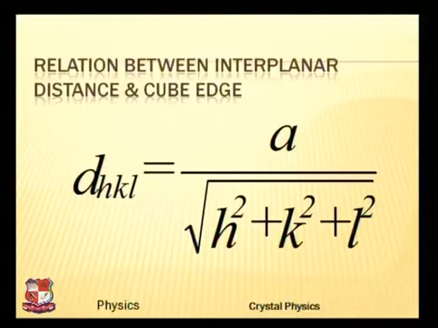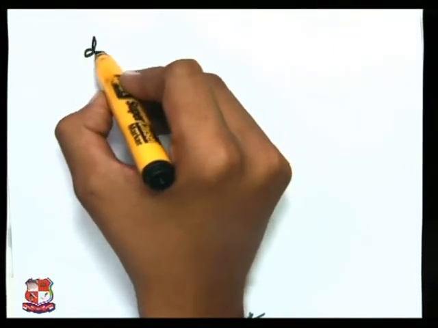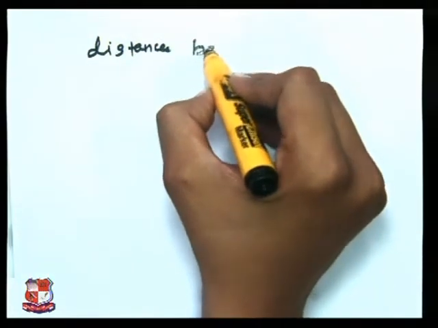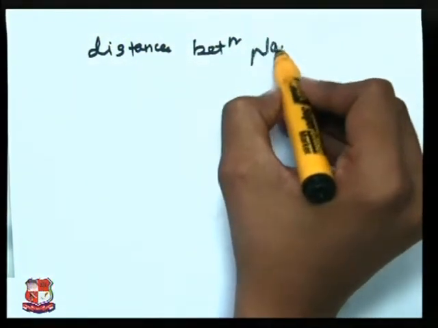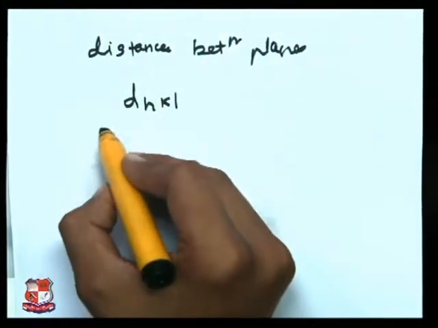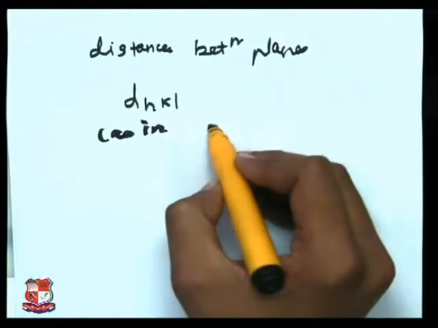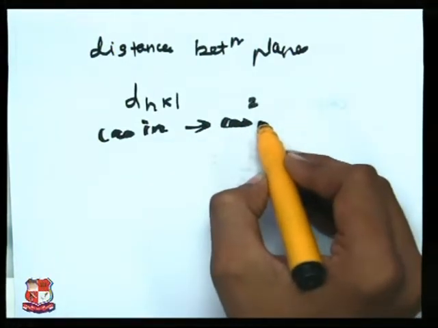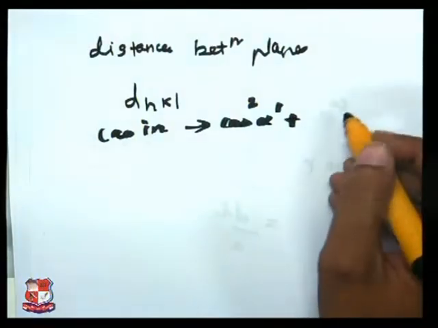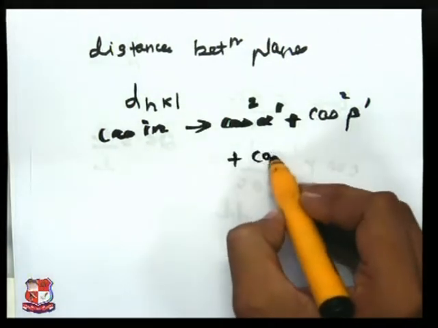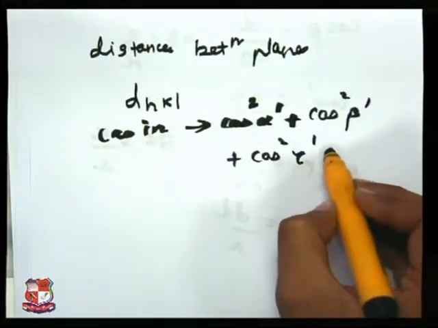Now from these values, if we want to know the distance between the planes, that means d_hkl, we should know the cosine formula, that is cos square alpha dash plus cos square beta dash plus cos square gamma dash is equal to 1.